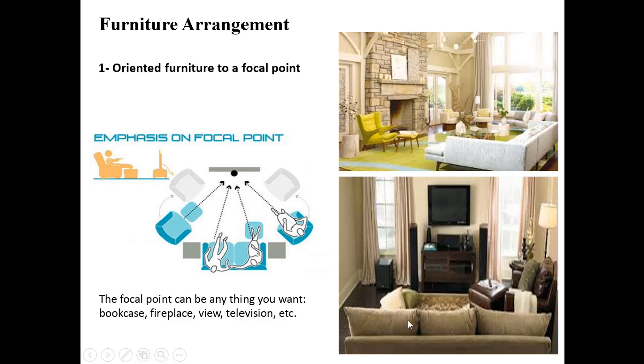Same here, this furniture is oriented to this focal point because here is a television. But this does not help to make a connection between users. All users here are looking at this focal point and it can't help to make a connection or relation or social interaction between these users.